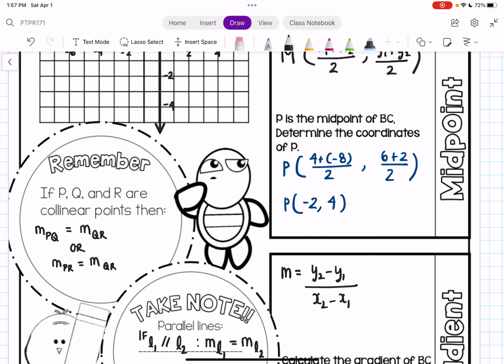You don't have to test all combinations. As long as you are testing 2 pairs between those 3 points, if the gradients are equal, then you know your points are collinear, and if the gradients are not equal, then you know that your points are not collinear.